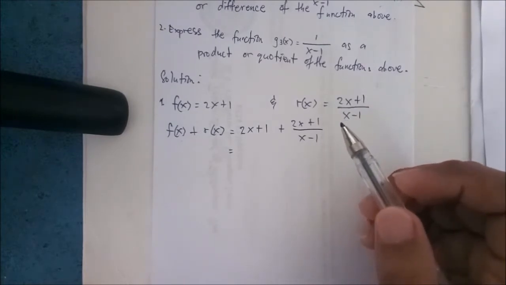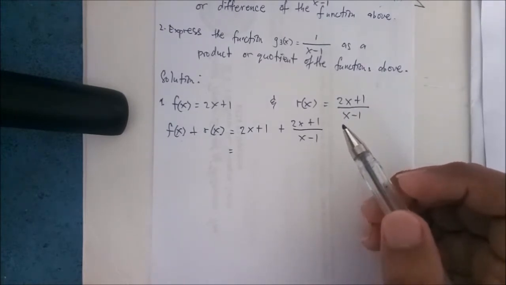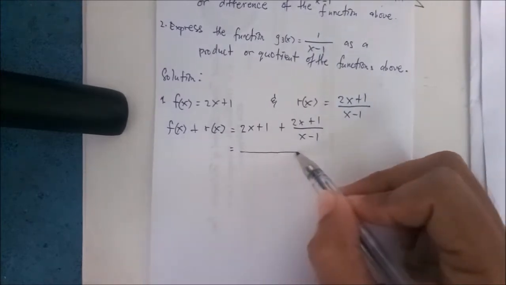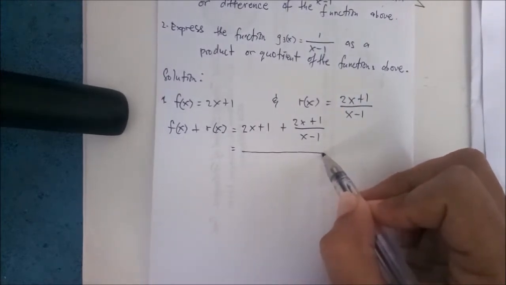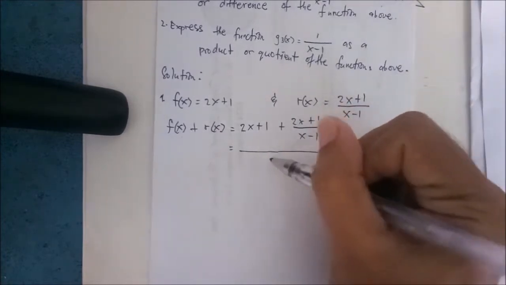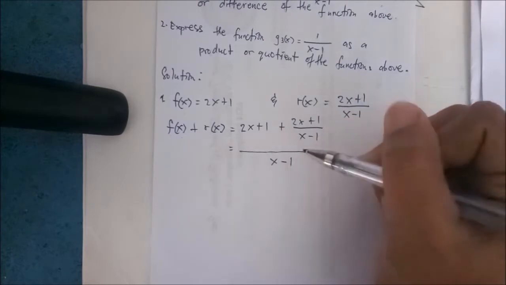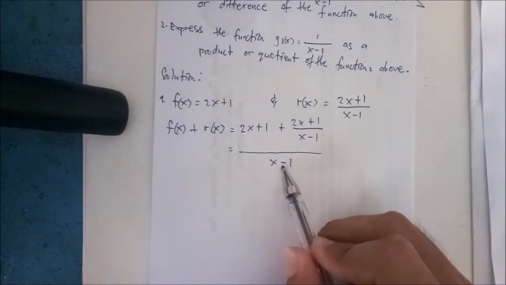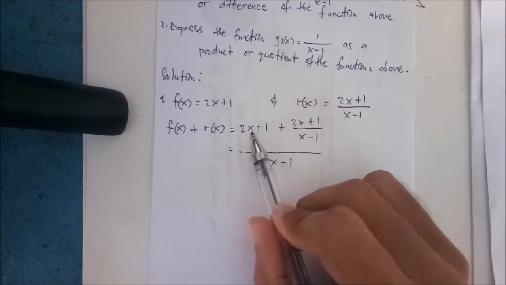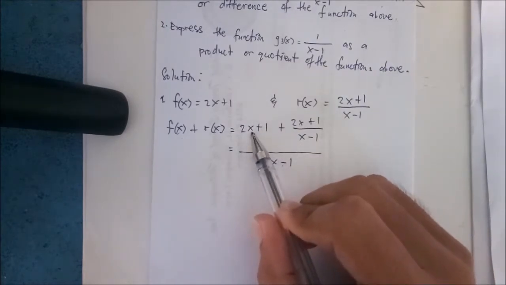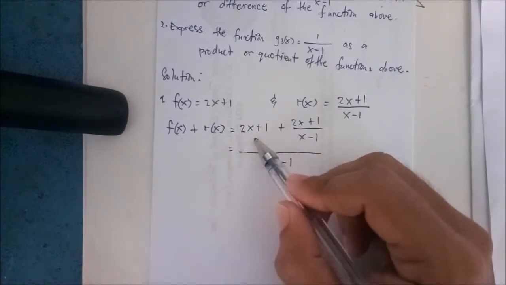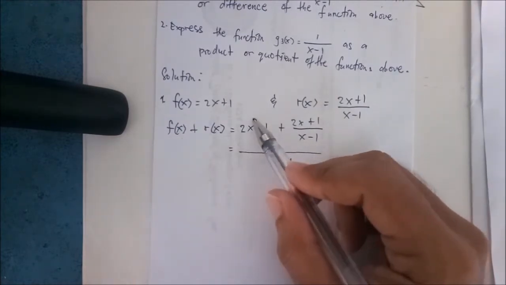First, you need to identify the LCD. To add the fractions, you need to identify the LCD. The LCD is x minus 1. x minus 1 divided by 1 is x minus 1. Then divide the denominator, then multiply the numerator.